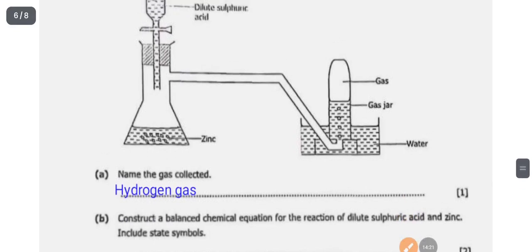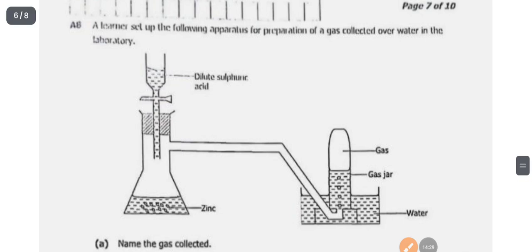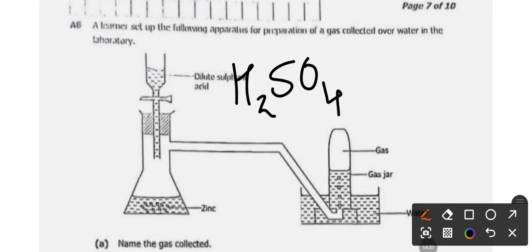Construct a balanced chemical equation for the reaction of dilute sulfuric acid and zinc. Include state symbols. This is very simple indeed. So H2SO4, it is in aqueous, plus zinc.